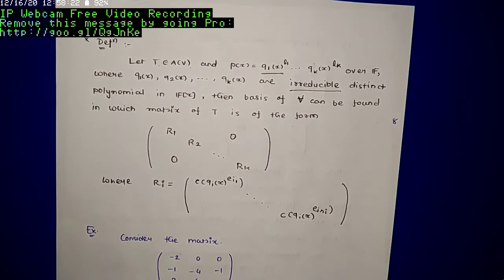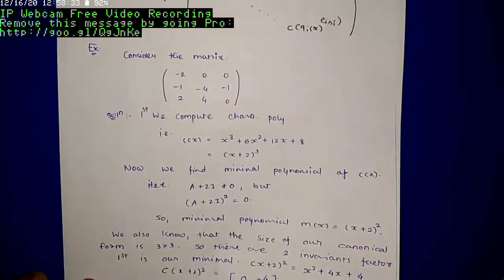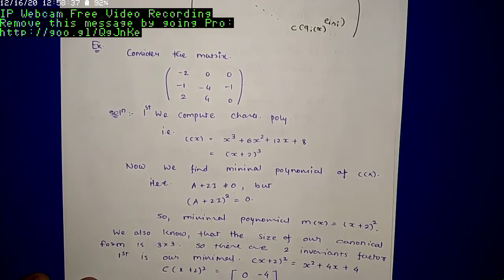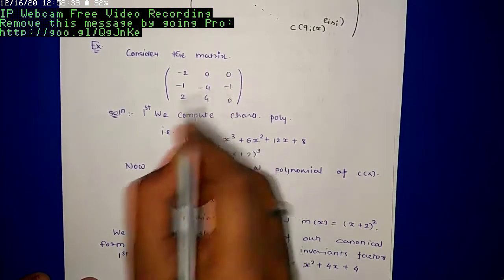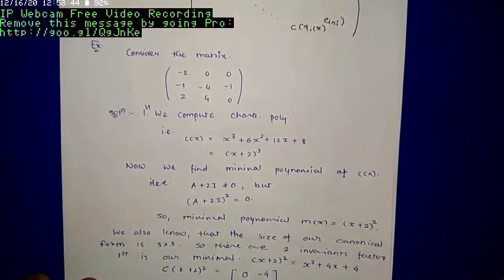Okay, so for that we go towards the example. Here is one beautiful example. Consider this matrix: minus 2 0 0, minus 1 minus 4 minus 1, 2 4 0. So first of all we want to find the minimal polynomial.